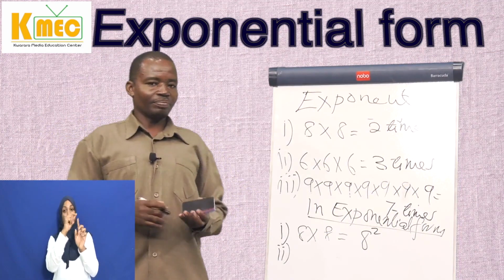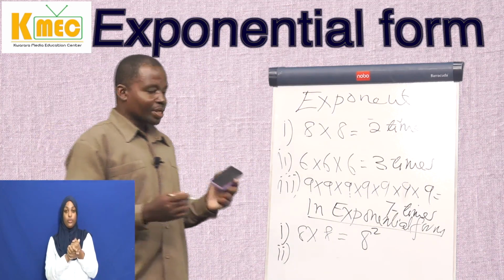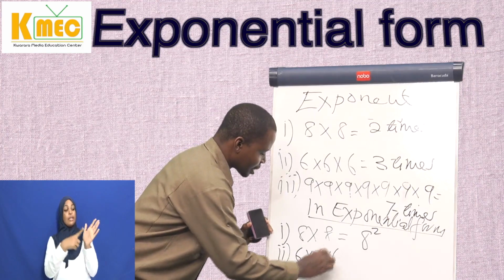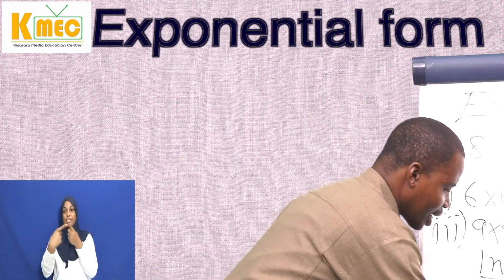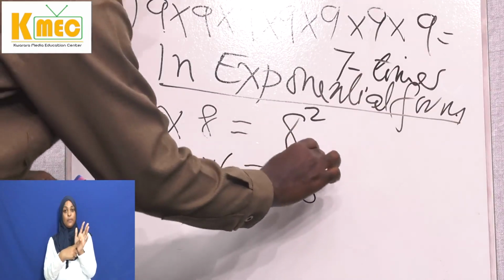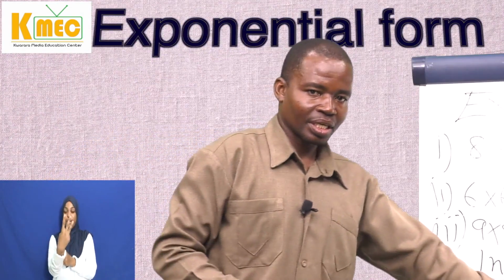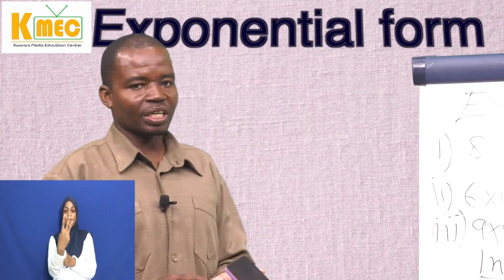Okay, we are going on, my dear pupil. So here 6 times 6 times 6 we write as 6 exponent 3. 6 exponent 3 in exponent form, or in exponential form.